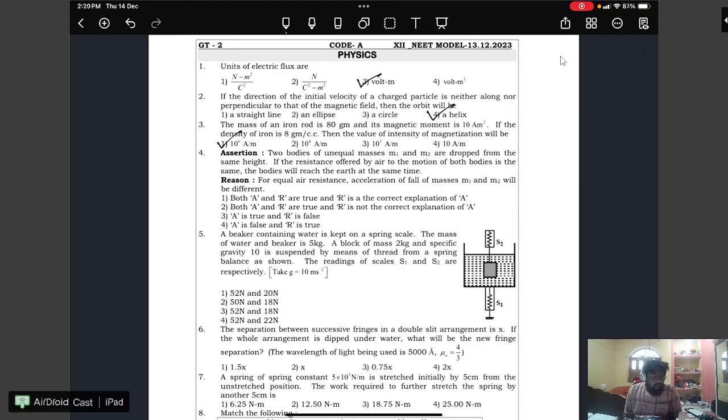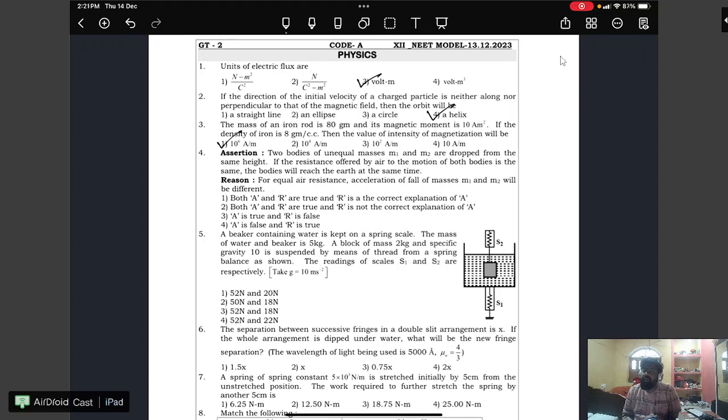See, although the resistance is the same, the net acceleration will depend on the mass. Net acceleration will be acceleration due to gravity minus the retarding acceleration, g minus a. With this acceleration it will be falling down, so the net acceleration will depend on mass.